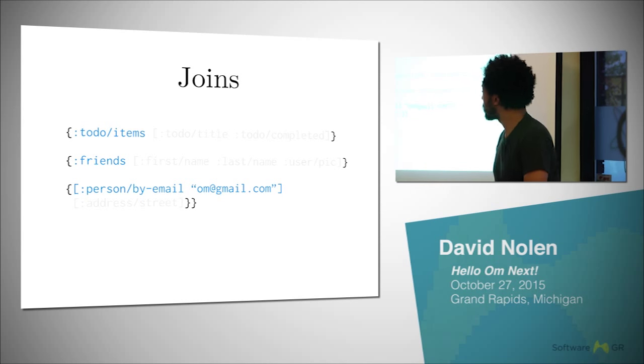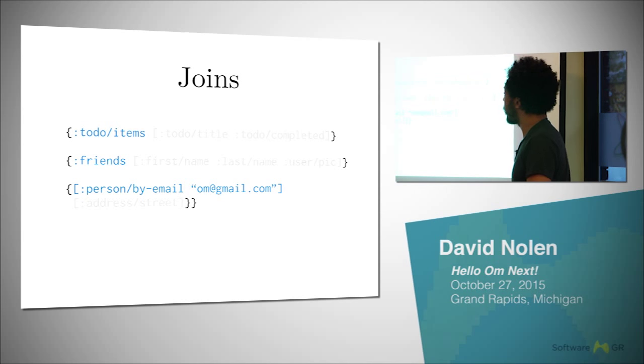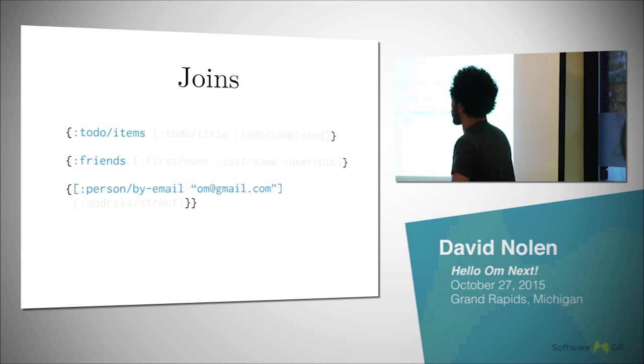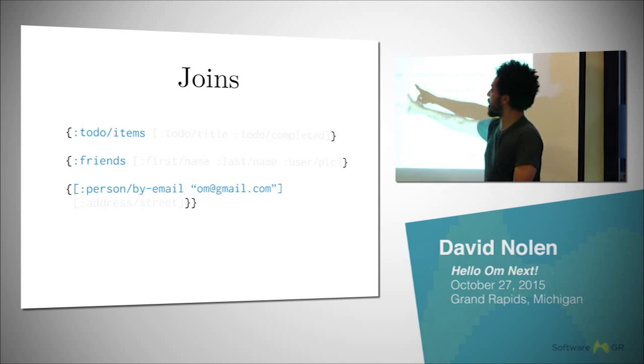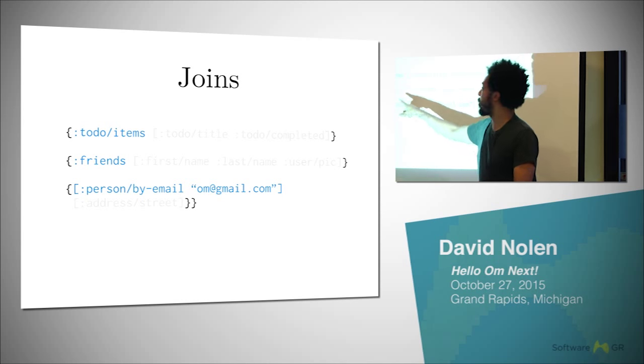One other quick question. When you submit something like that last map there, does the response contain the vector, or does the response contain the representation of the person? Good question. The question was, what will this look like? In this case, you would get a key in a hash map. It would be to-do items.